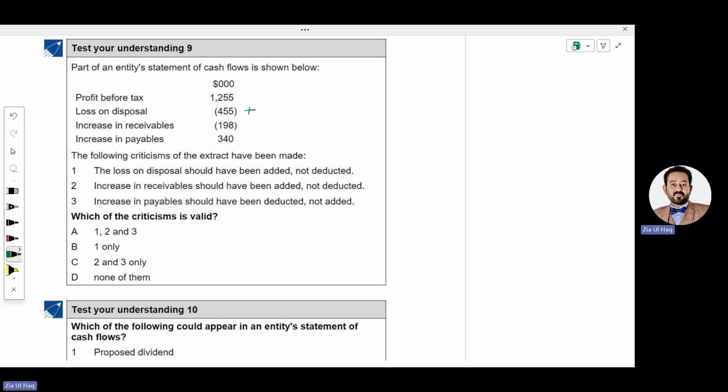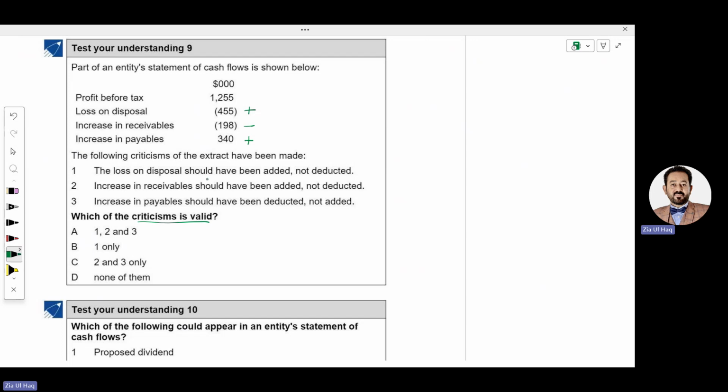Increase in receivable, increase in inventory: cash going out, we need to deduct. This is outflow. Increase in payable, obviously, this will add. The following criticisms of the extract have been made. Which of the criticisms is valid?